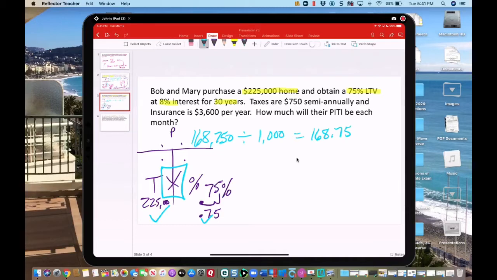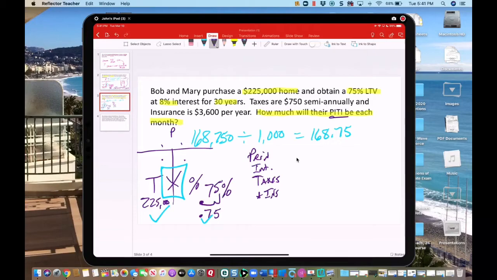Now, the question wants to know how much will their PITI be each month? Well, PITI stands for principal, interest, taxes, and insurance.